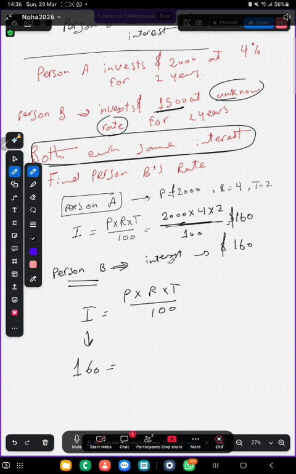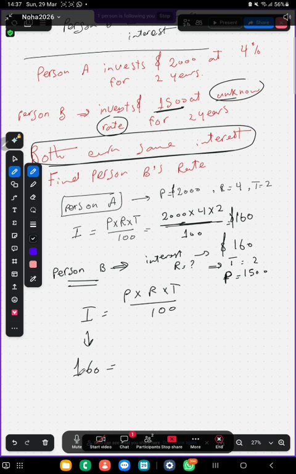So your interest is 160. R is unknown, T is 2 years, and P is 1,500.